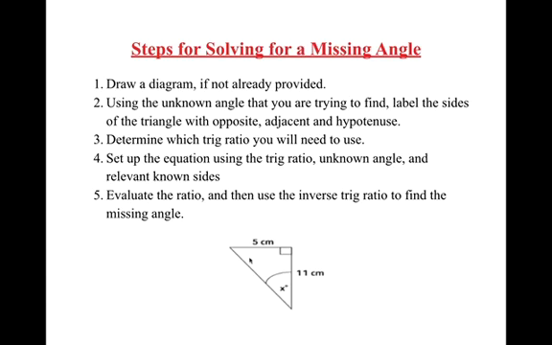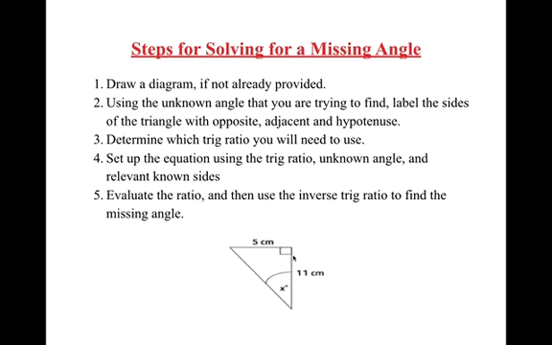Then, based on the side lengths that you have, figure out which trig ratio is relevant, right? In this case, I have the opposite side and the adjacent side, so which trig ratio involves those? That's tan. So I would use the tan ratio, and set up the same equation where tan of an angle is equal to opposite divided by adjacent, right? And then solve for the missing angle.